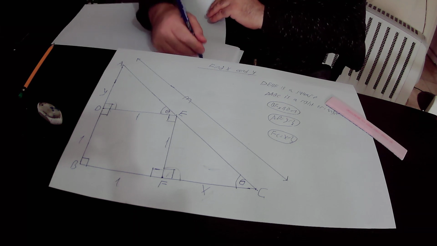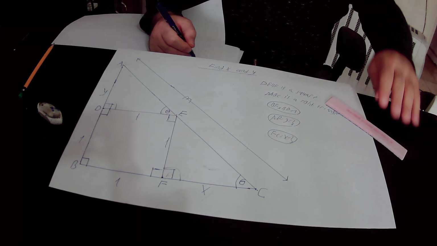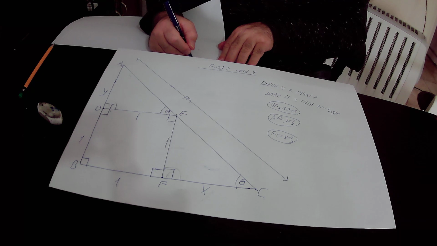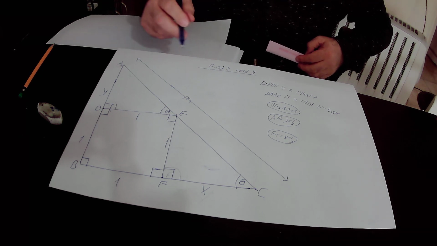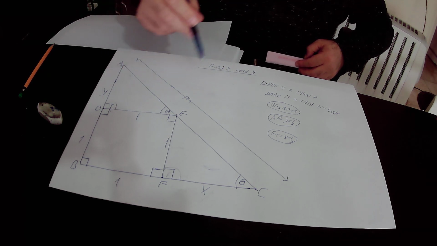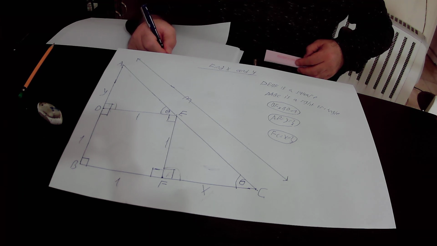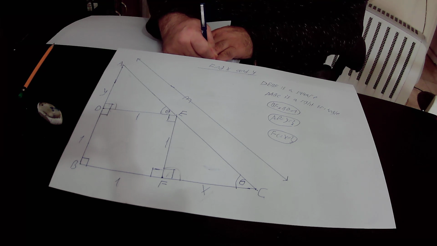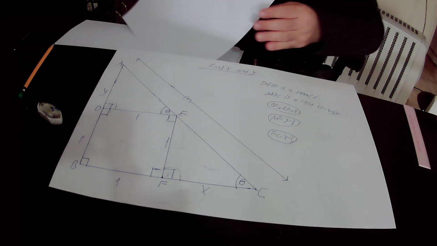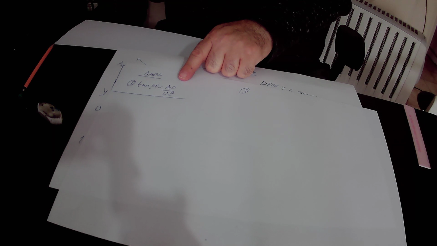On the right triangle AED, tangent theta equals AD over DE.